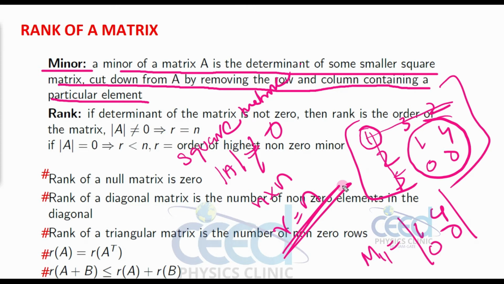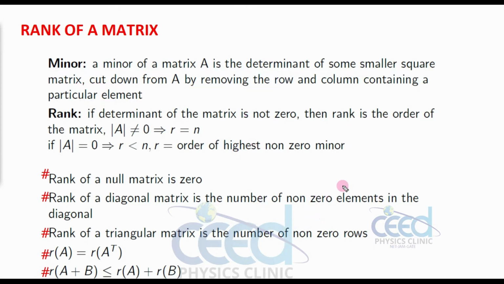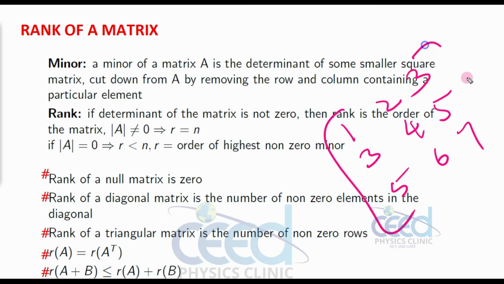Now suppose determinant A is equal to 0. Suppose you have a 3 by 3 matrix 1, 2, 3, 4, 5, 6, 7, 8, 9, or a matrix with rows 1, 2, 3, 3, 4, 5 and 5, 6, 7, or any matrix whose determinant value is 0.